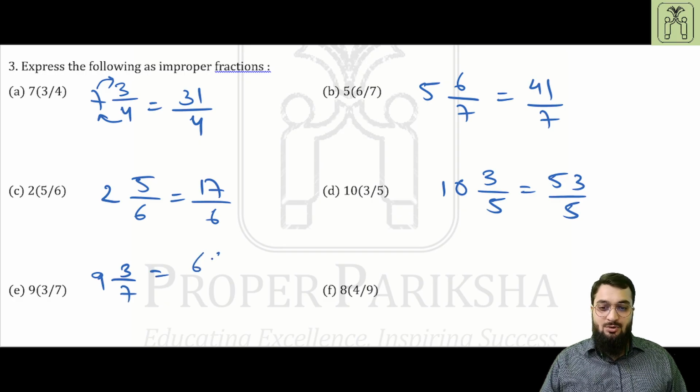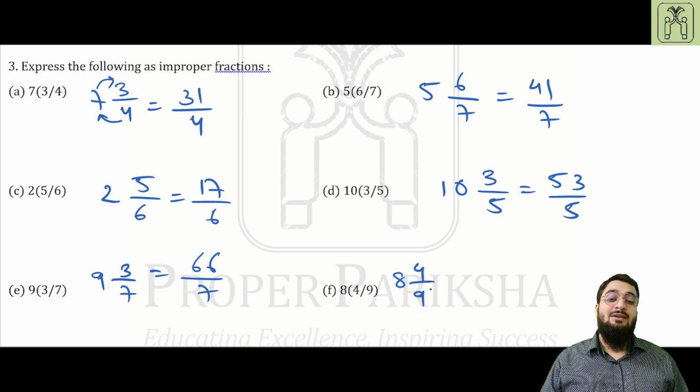It is equal to 66 upon 7, and 8 4 upon 9 will be 8 nines are 72, and 76 upon 9.